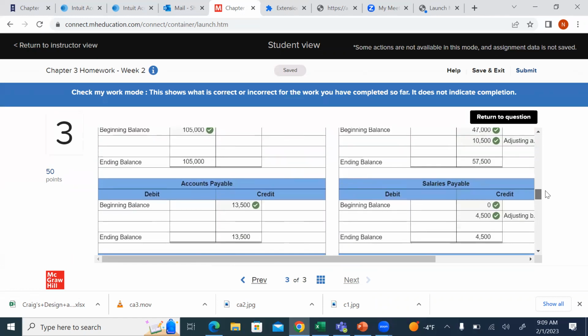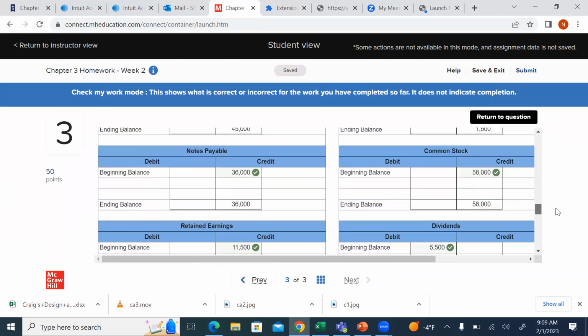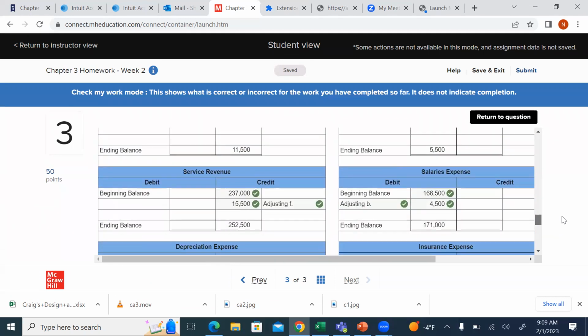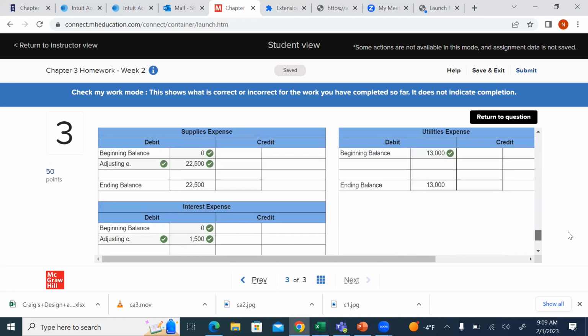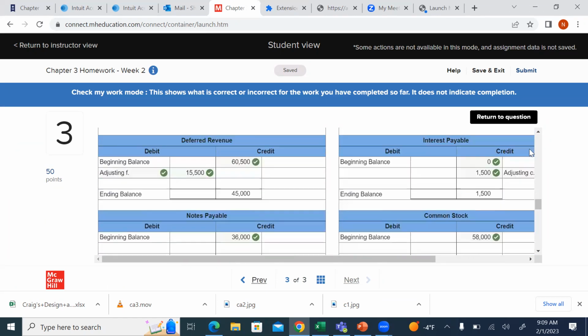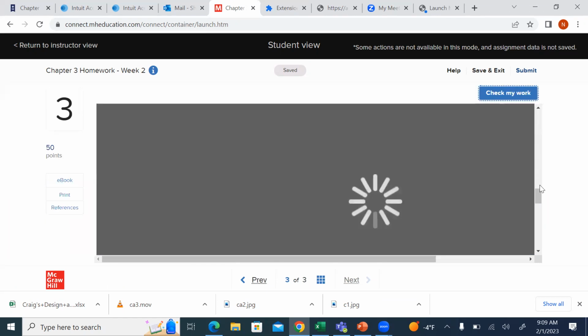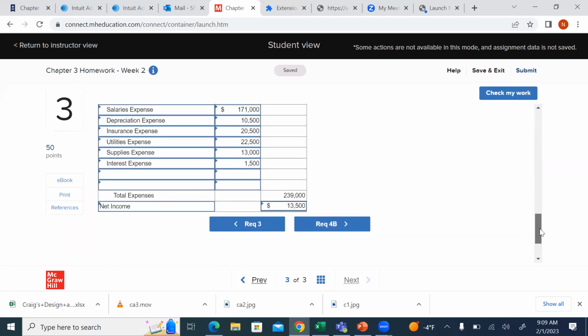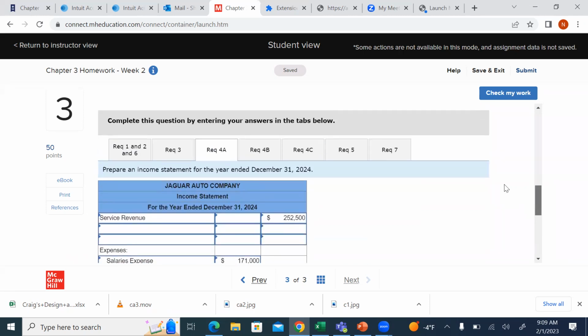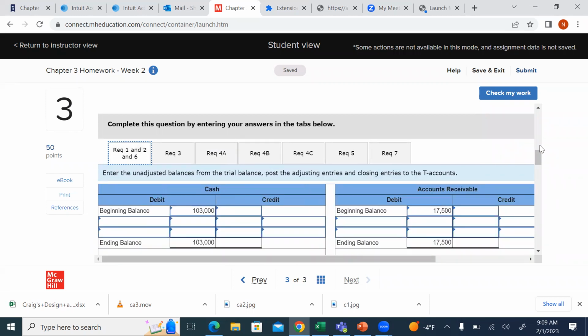So if you screw one thing up, you screw the entire problem up. Well, it's not looking real good here, is it? Utilities is 13,000. I might have said 13.5. What did I do wrong? Oh, utilities. Okay, what did I do wrong?